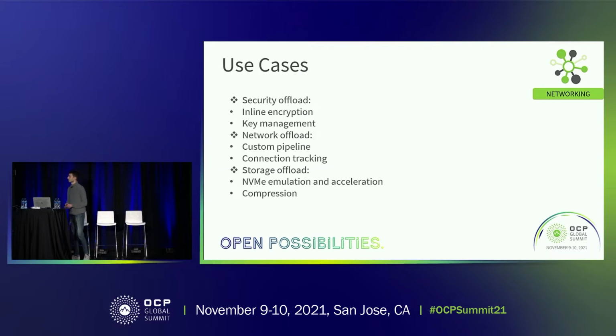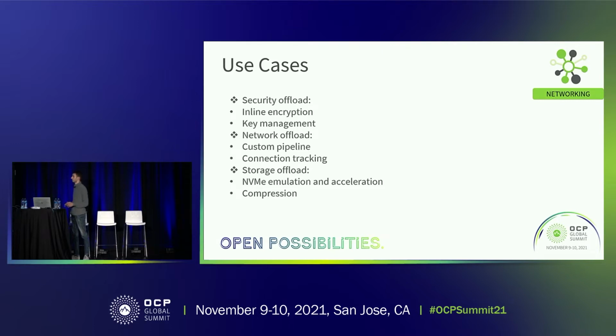So looking at the use cases, we can define a few main sections. Today we will focus on the network itself, but you can mix and match, and you can define your new roles in the network. So there can be a security offload, like you can do encryption with that device.